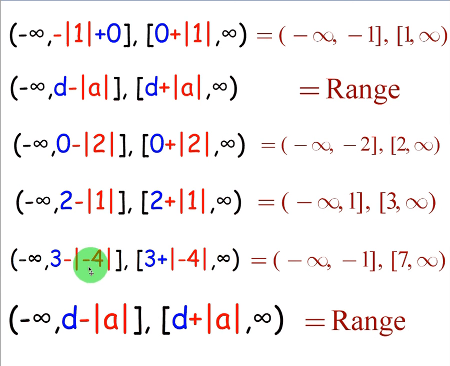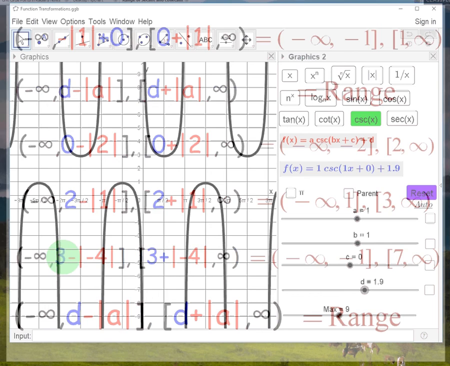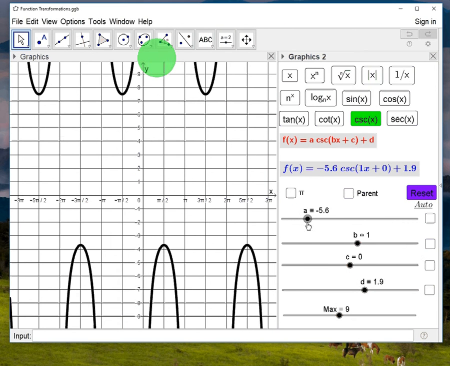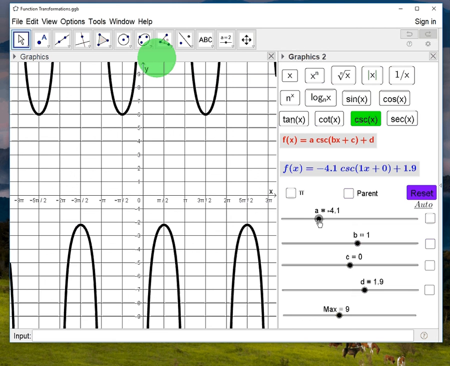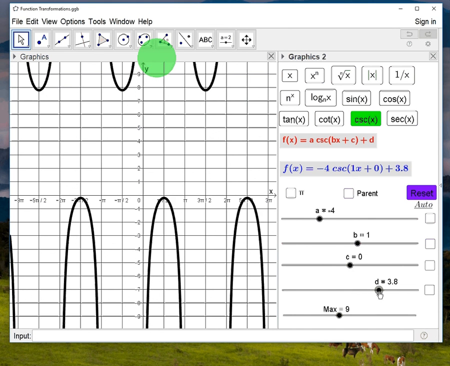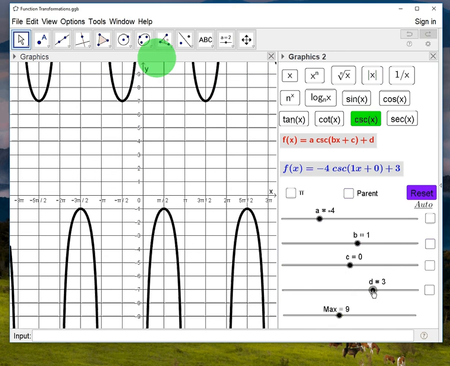Okay, now what if we make a negative 4 and d 3? Let's take a look. You'll see that the a value, negative or positive, doesn't matter. d equal to 3. Okay, so the middle of the graph is still at 3, right? So it's going to be 3 minus 4. It's going to be 3 minus the absolute value of this.